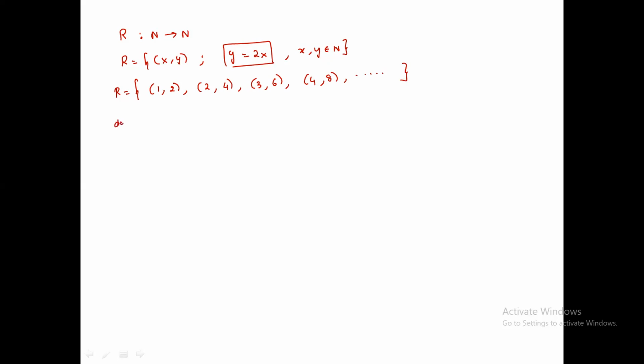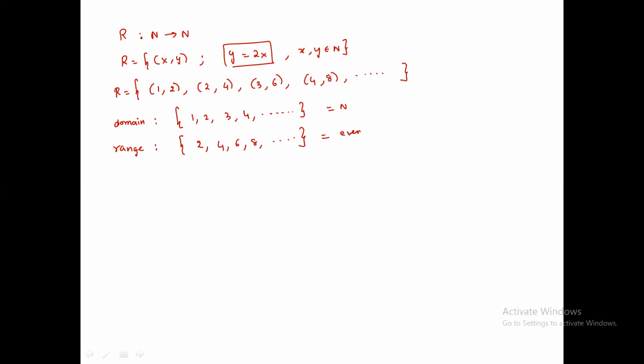So if you see the domain, the x's, we are taking all natural numbers. I have just taken 1, 2, 3, 4. I will take all natural numbers. And if you see the range, the y's which we are getting, we are getting 2, 4, 6, 8, and so on.